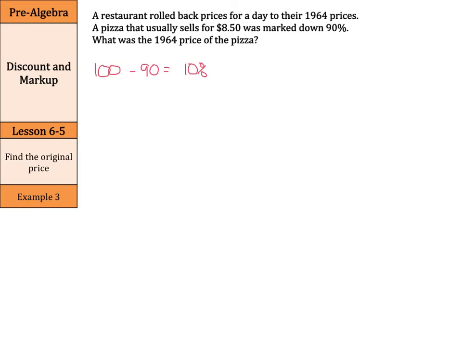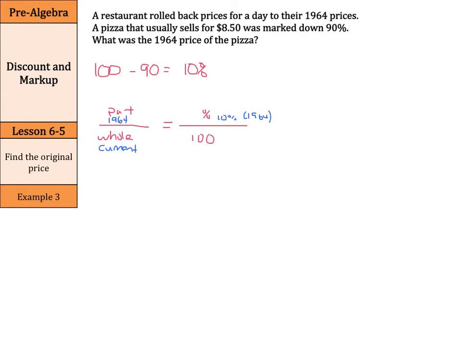We've been using the equation so far, but in this question we can actually use the percent proportion, where you have part over whole equals percent over 100. In this question, your part is your 1964 price, while your whole is your current price, and the percentage is your 1964 percentage, which in this case was 10%.